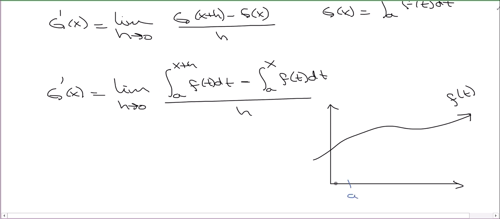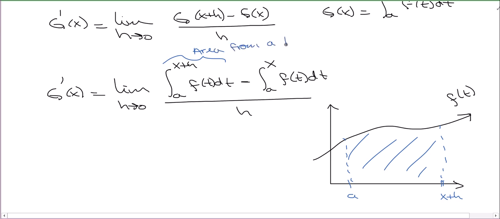If I put a here, and my x plus h is over here, we're looking at this area. That whole area is represented by this integral. Does that make sense? So this whole thing is the first integral, the area from a to x plus h.